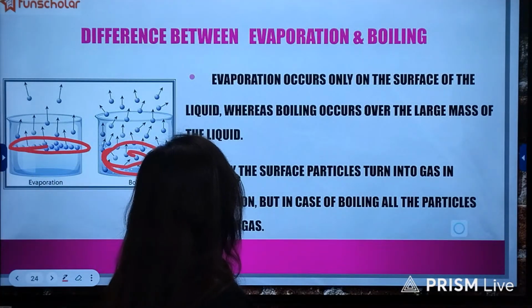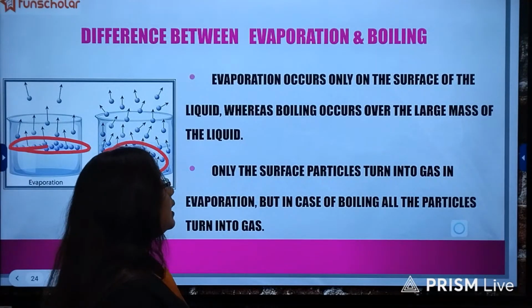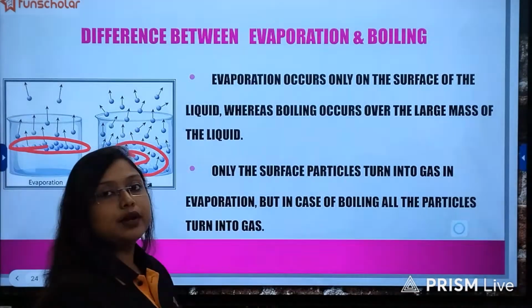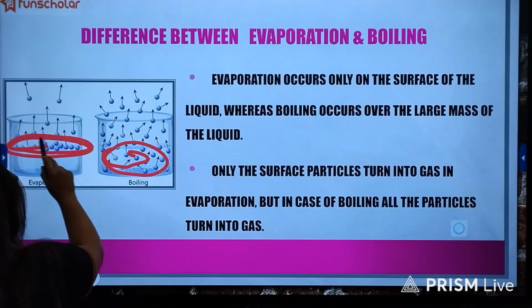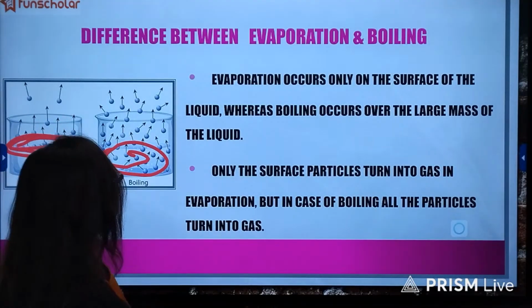Only the surface particles turn into gas in evaporation, but in boiling, all the particles turn into gas.